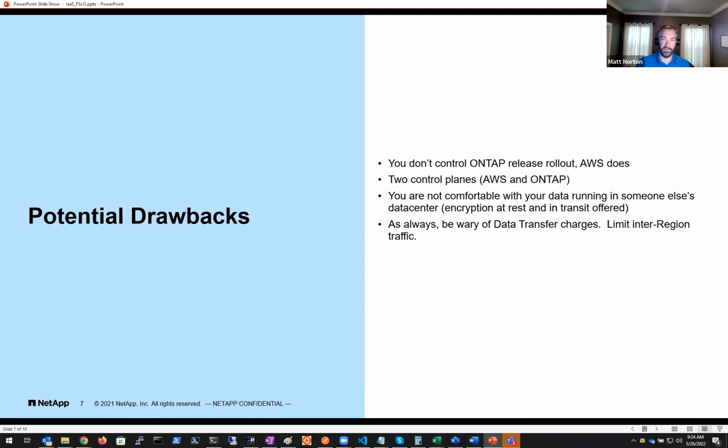Obviously, the ONTAP CLI and API has more stuff that you can tweak and configure. The Amazon stuff is really a subset of that. So most things you will do in ONTAP, but some bread and butter things like creating a volume, you can do in Amazon or you can do in ONTAP.